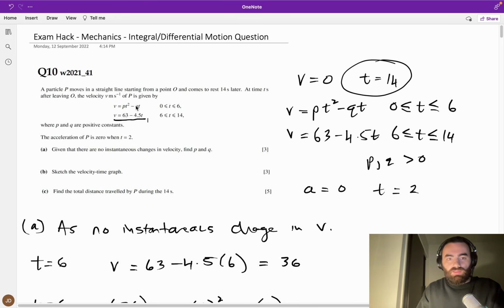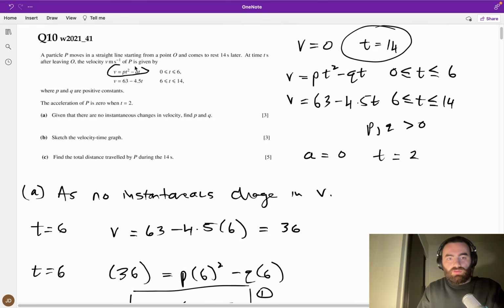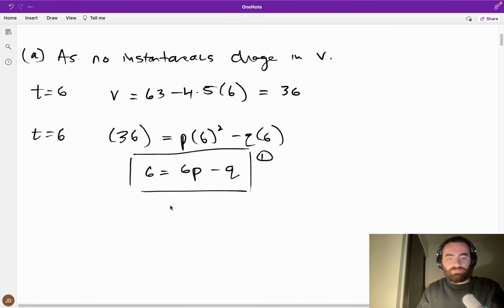So you can't just plug this in, because this is only between 0 and 6. But this is at time equals 2, so if we find the acceleration for this part, then we can plug this in and get another equation relating p and q.